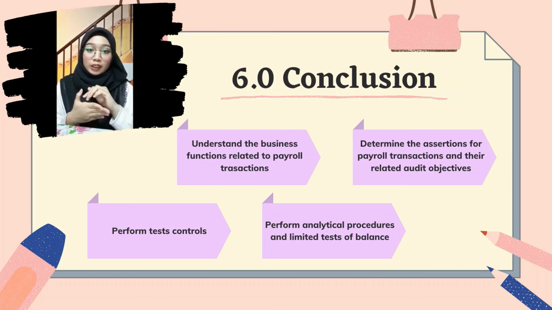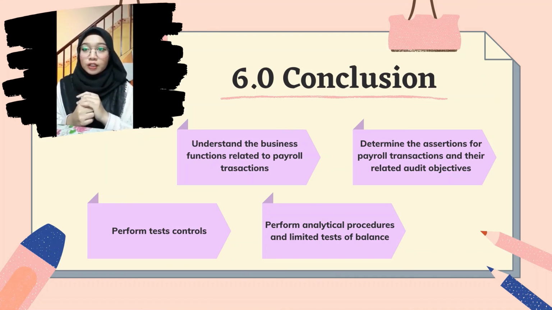Okay, in order to reach the objectives, auditors will perform tests of controls to reduce control risks and the amount of substantive tests to be performed. Broadly, substantive tests concern the balance of payroll accruals.